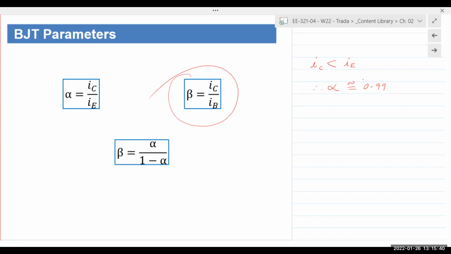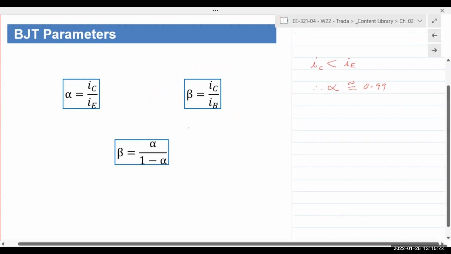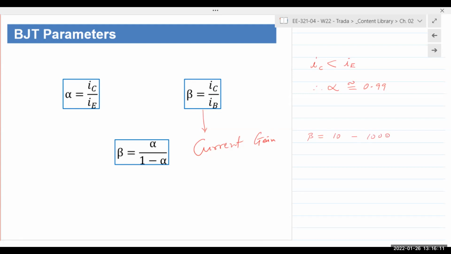It depends on the problem. Beta, as I said, the single most important quantity, is known as the current gain of the transistor, and the typical value for beta would be from 10 all the way up to 1000, depending on the design of the device and how you configure the transistor.